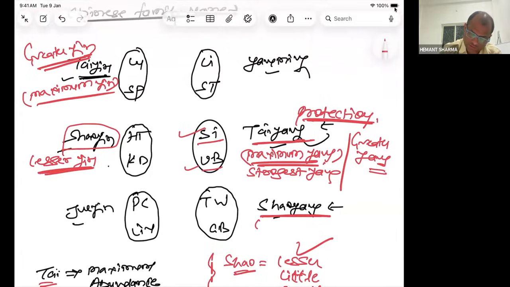Shao yang, lesser yang. Okay. Comparatively, they are having lesser yin or lesser yang.